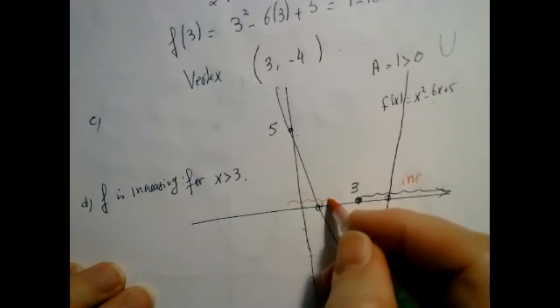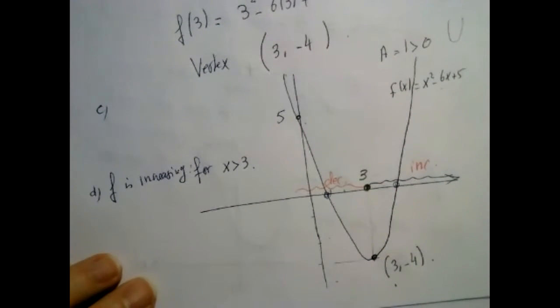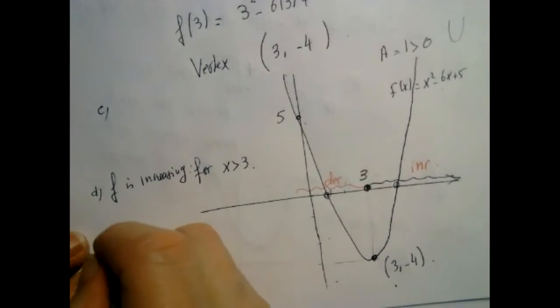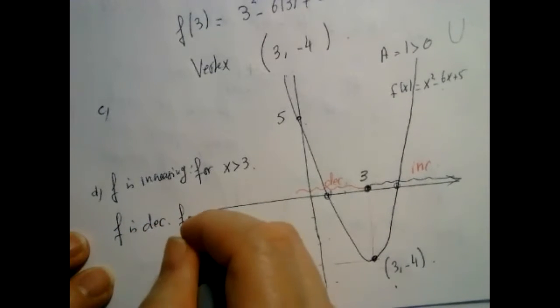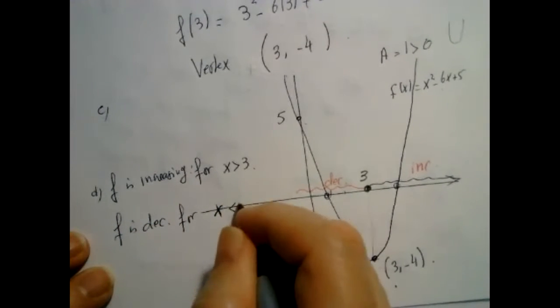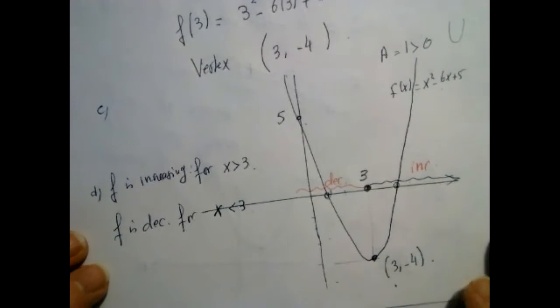And from here up to here, the function is decreasing, for x less than 3. So we know almost everything we want about the function.